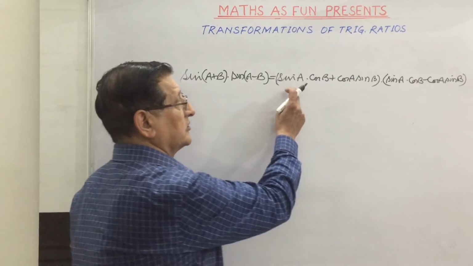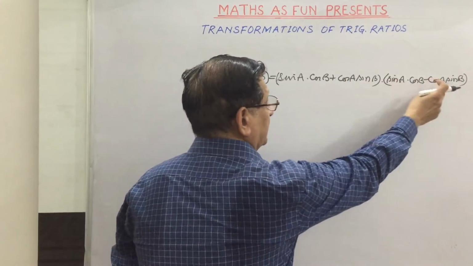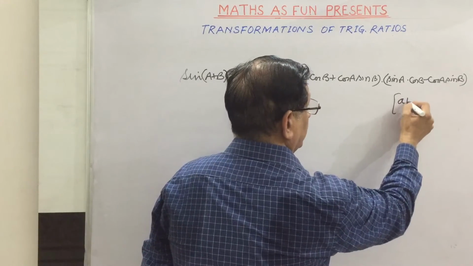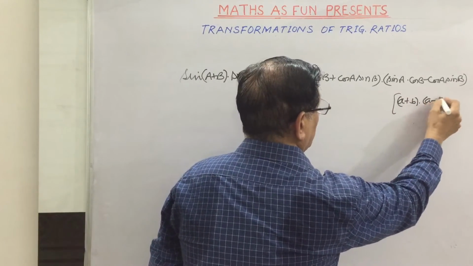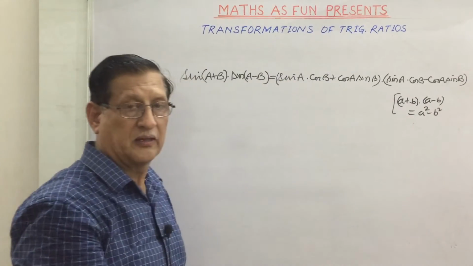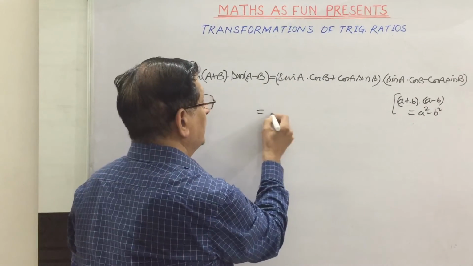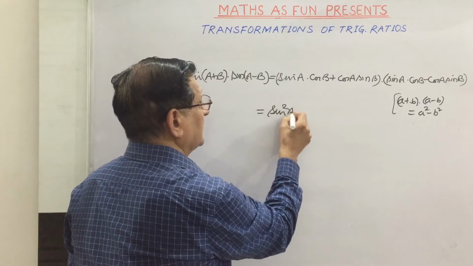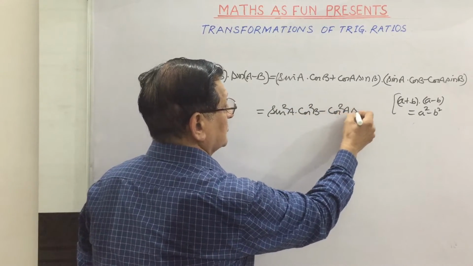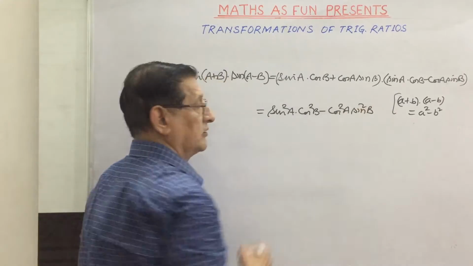We find here the terms are being added and subtracted, they are same. It means we can apply the identity (A plus B) into (A minus B) equal to A square minus B square. And if we apply this identity, we get sine square A into cos square B minus cos square A into sine square B.